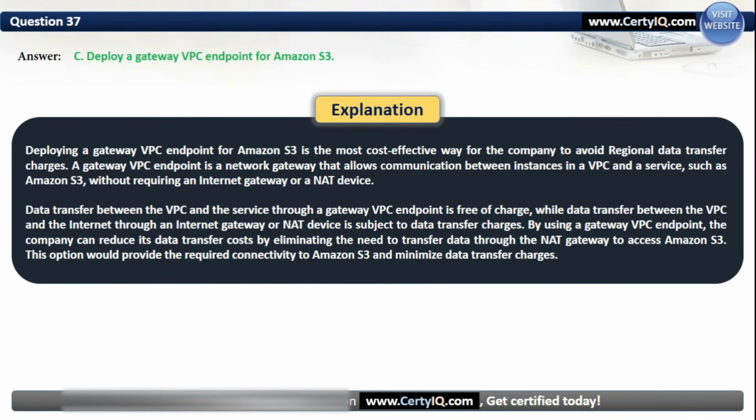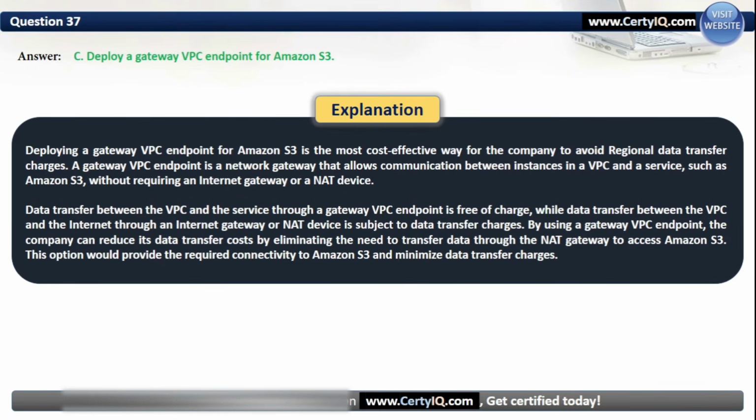Deploying a gateway VPC endpoint for Amazon S3 is the most cost-effective way for the company to avoid regional data transfer charges. A gateway VPC endpoint is a network gateway that allows communication between instances in a VPC and a service, such as Amazon S3, without requiring an internet gateway or a NAT device.